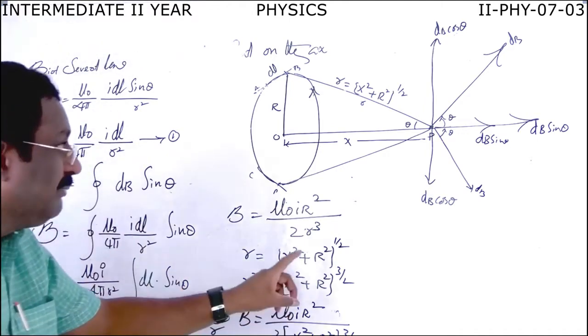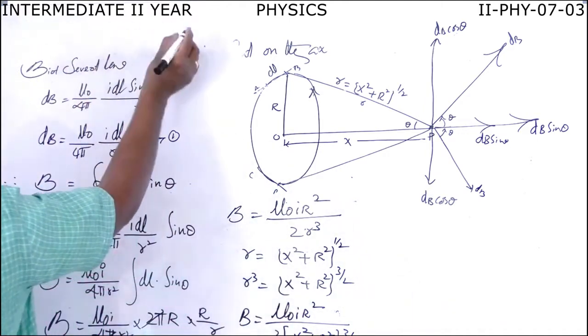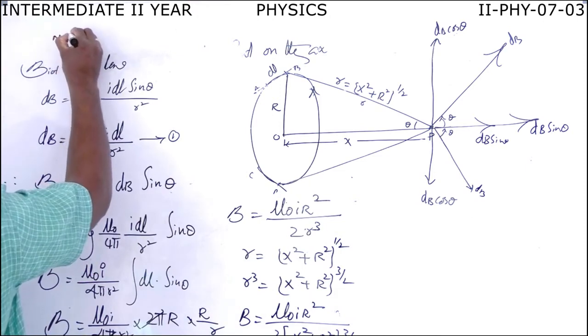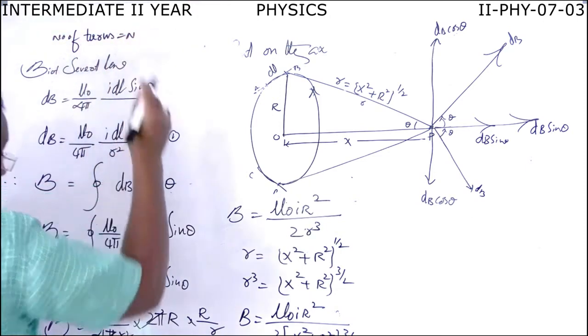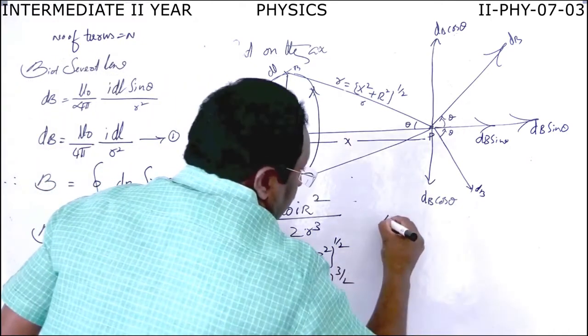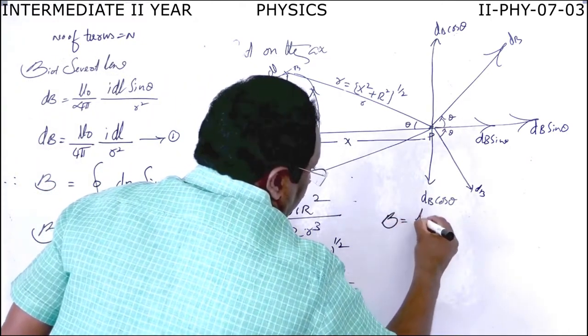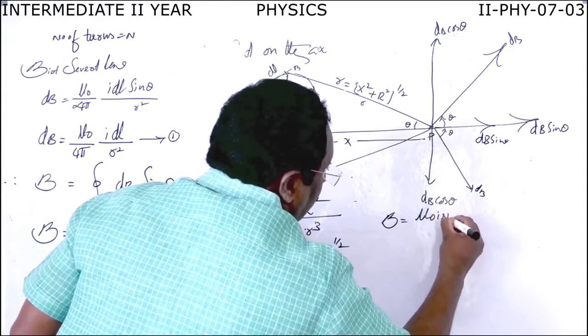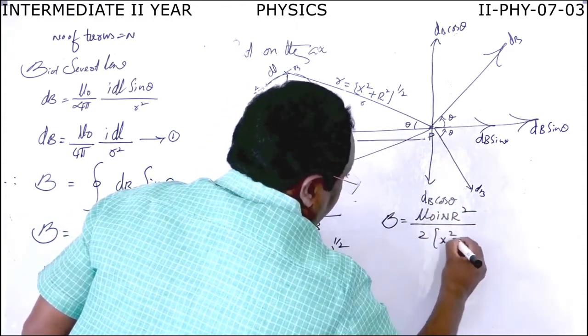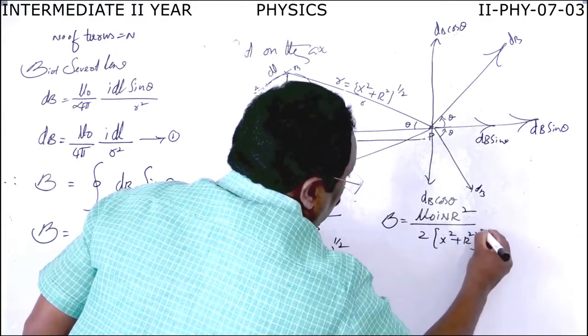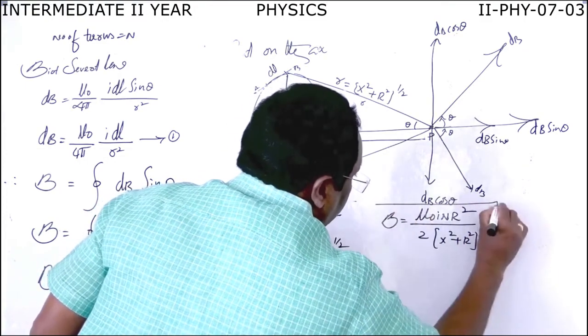But if you take the number of turns in the given coil as capital N, then this equation becomes B is equal to mu naught I N R square by 2 into X square plus R square whole to the power of 3 by 2.